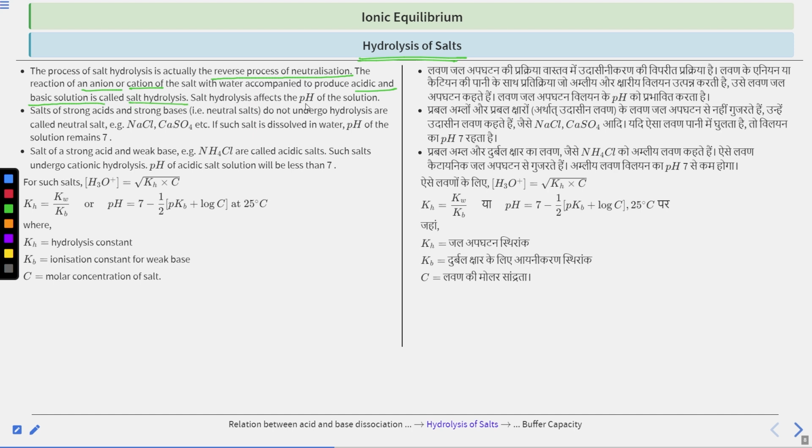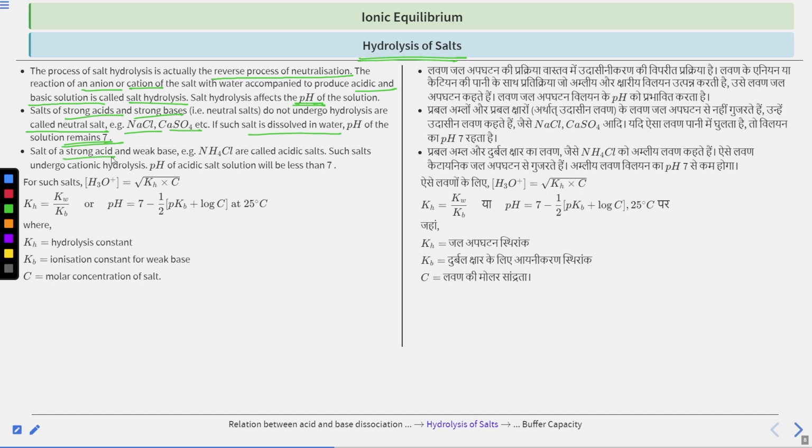Salt hydrolysis affects the pH of the solution. Salts of strong acid and strong base, that is neutral salts, do not undergo hydrolysis. For example, NaCl, calcium sulfate. If such a salt is dissolved in water, the pH of the solution remains 7, because they are neutral salts.